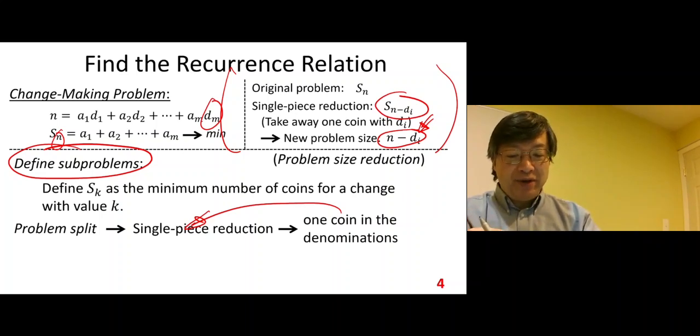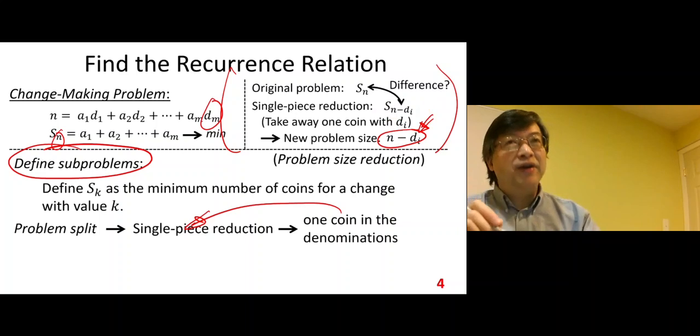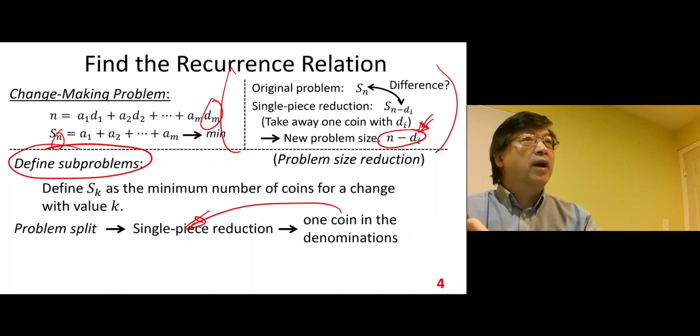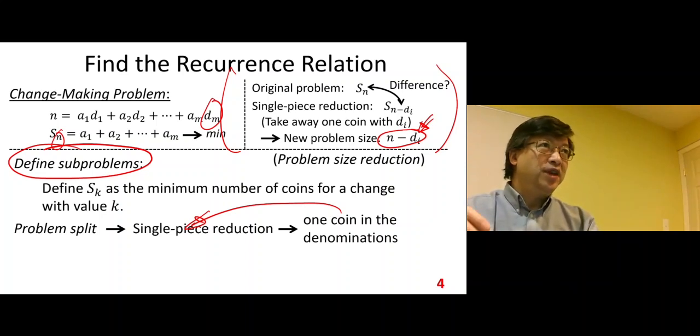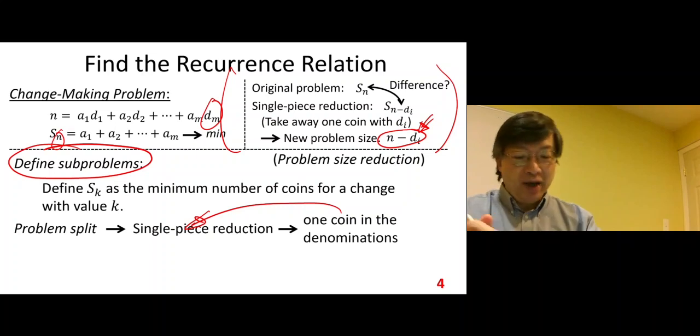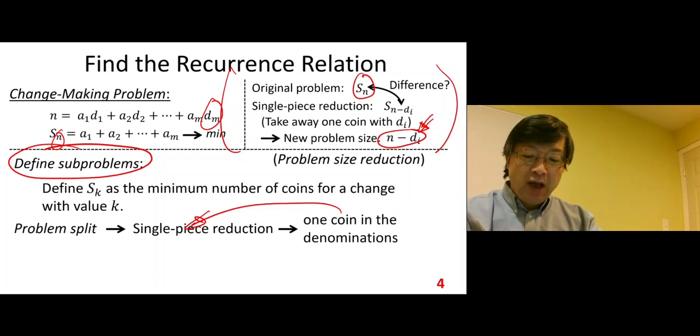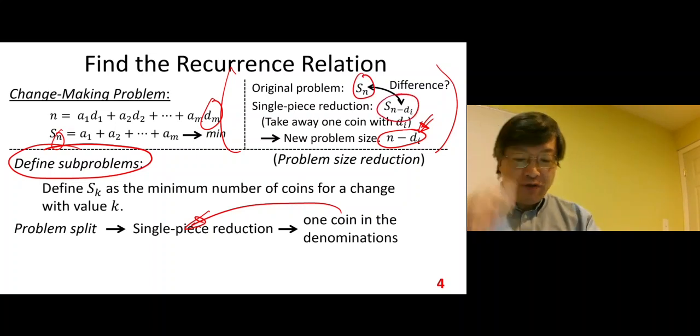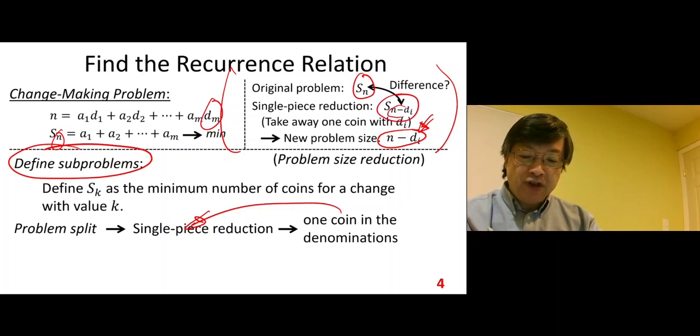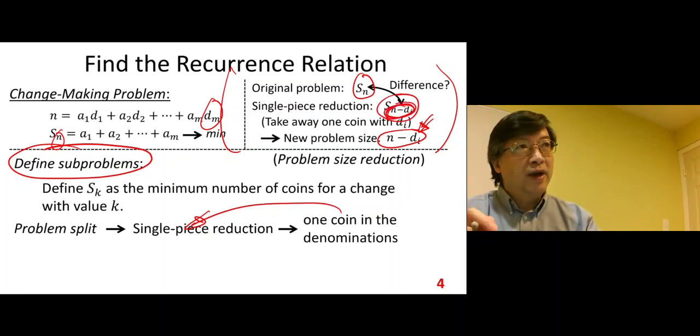Now we want to compare the difference. What is the difference between these two expressions, Sn and S sub n minus di? We know Sn is the number of coins for the optimal solution for this face value.